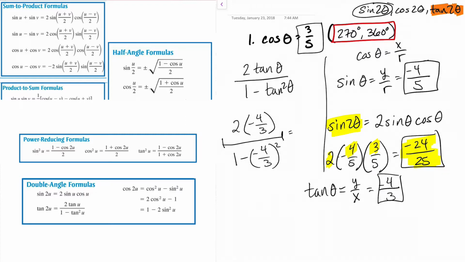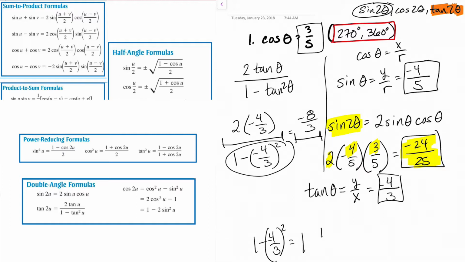All right, so let me work out the numerator first. So this is going to be negative 8 over 3 divided by this. So let me work that out down here. So 1 minus negative squared. So that's going to be 1 plus, or no, sorry.